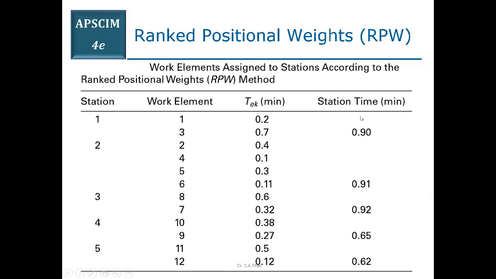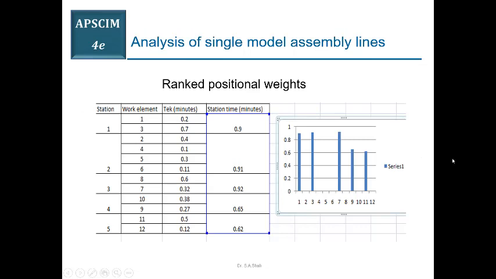But overall, when you look at this solution, it does not seem to be a better one, because work element number 4, station number 4 and 5 are underutilized. So here also almost 40% of the time is idle time.